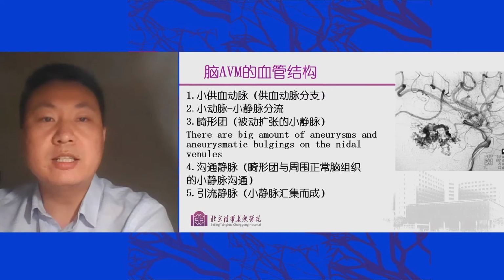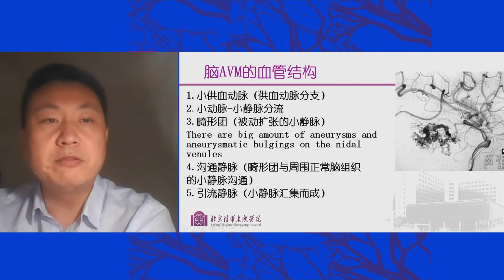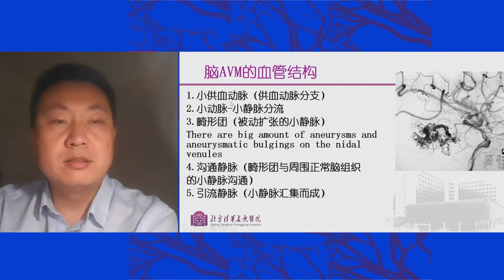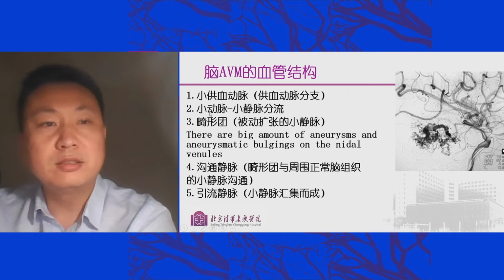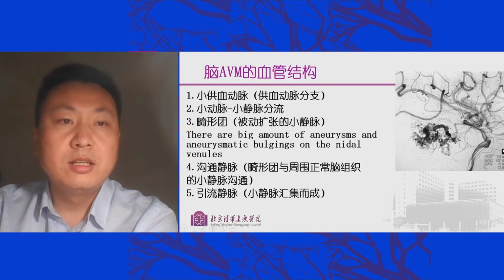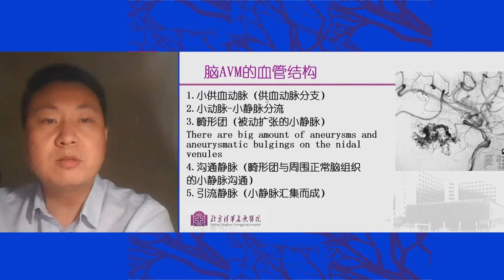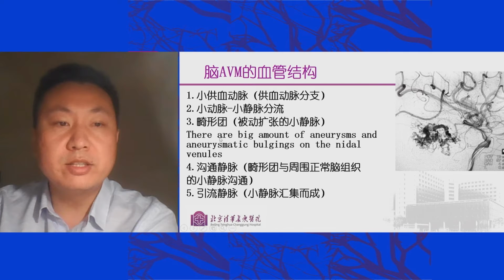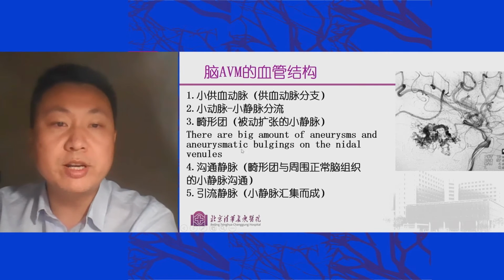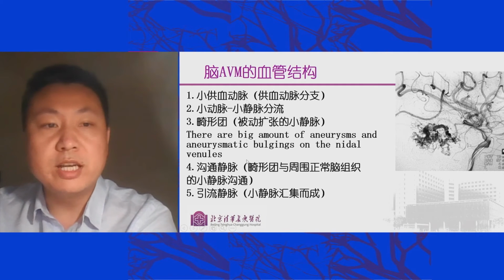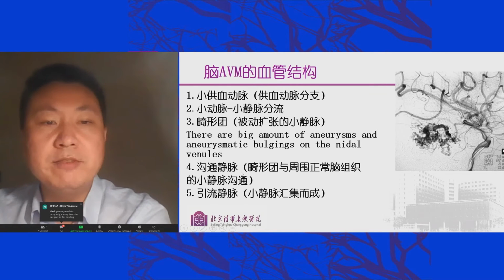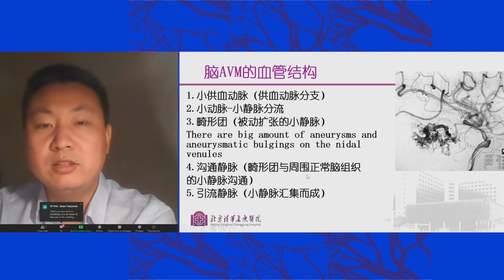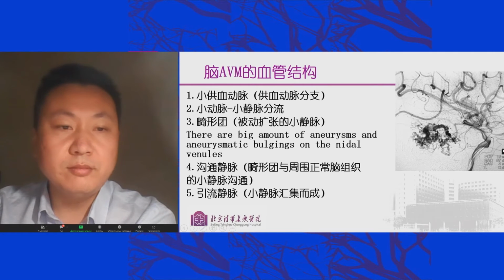The angiographic architecture of AVMs includes five parts: arterial suppliers, arterial venous shunts, the nidus, communicating veins, and the draining vein. In the nidus there is a big amount of aneurysms and aneurysmal bulgings on the nidal venules. The communicating veins are between the AVM nidus and the normal parenchyma.